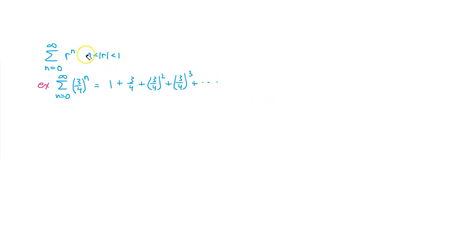Well, all we have to do is use our formula for our geometric series up here. Remember this sum to 1 over 1 minus r, and we just plug 3/4 in for the r. So this will sum to this, and then just simplifying this, 1 minus 3/4 is 1/4, and we get 4. And so that's our answer.